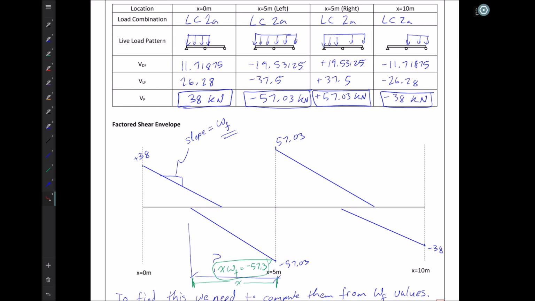Now another thing that we could say is technically shear doesn't matter whether it's positive or negative in terms of how I resist it in the beam itself. So really I could draw my shear diagram as my shear envelope as this here, where I cut out the little tails of this because the relative value here is bigger than the value here.